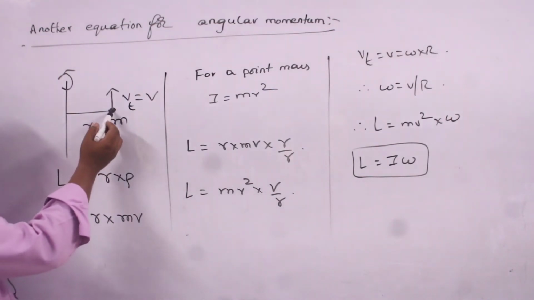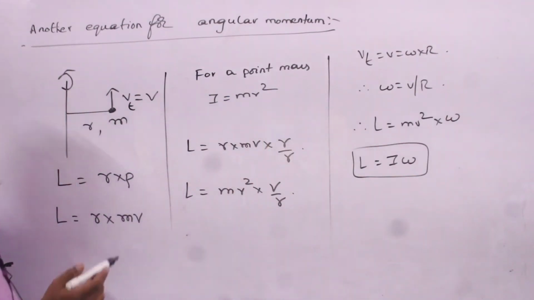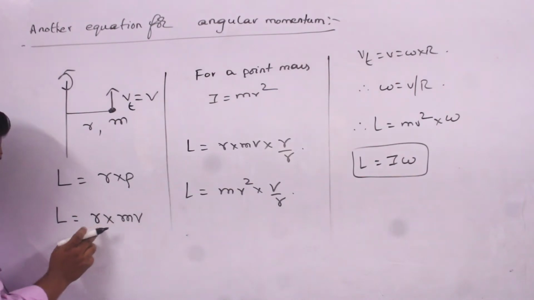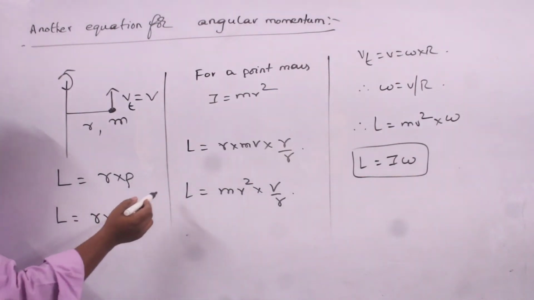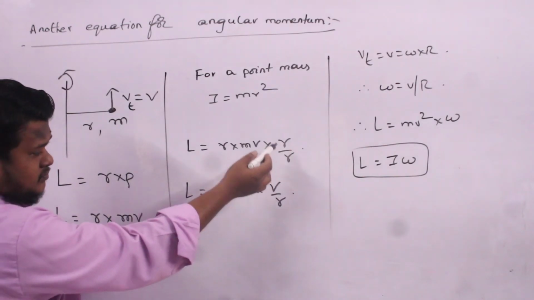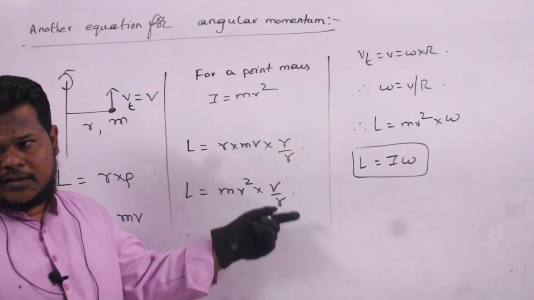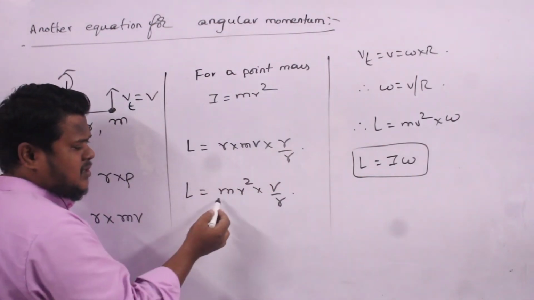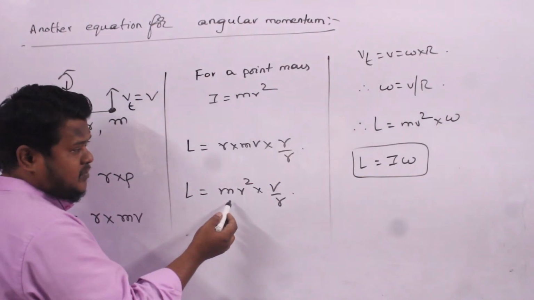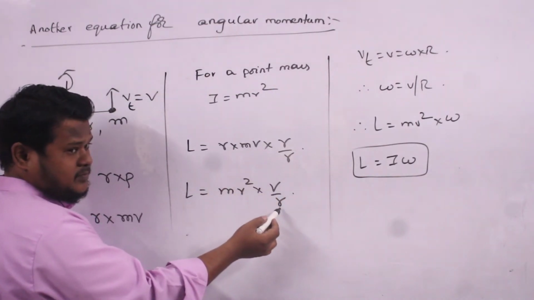And this is a point mass. For a point mass, what is the moment of inertia? mr square. But here in this equation I have only m into r, and I require r square. So I multiply and divide by r. If I multiply and divide by r, nothing will change. But here m, r and r convert into mr square, and additionally I have v divided by r.